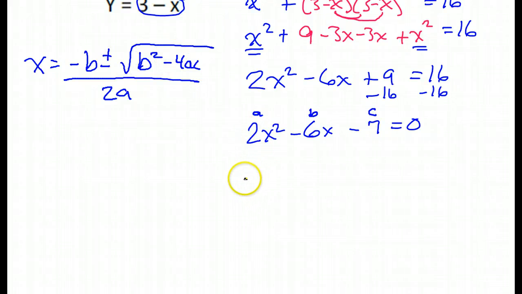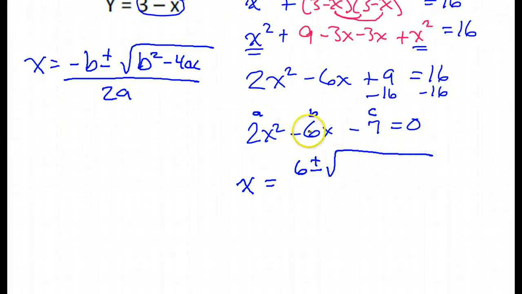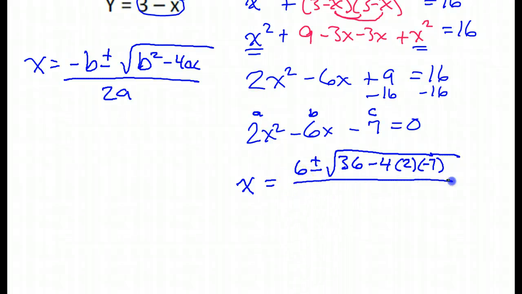So x equals the opposite of b. b is negative 6, so the opposite would be positive 6, plus or minus the square root of b squared. Negative 6 squared is 36. Minus 4ac, all over 2a. I'm setting up for my quadratic formula.